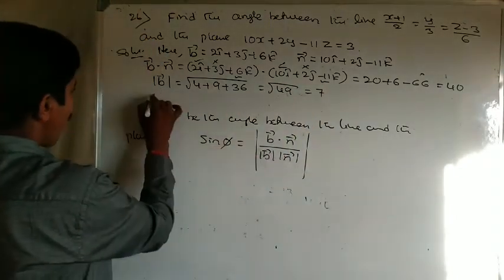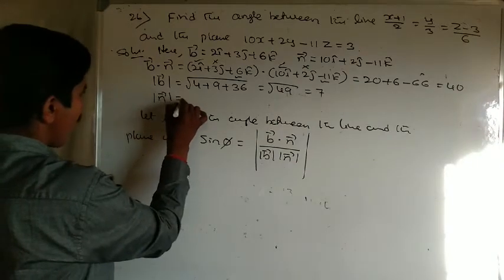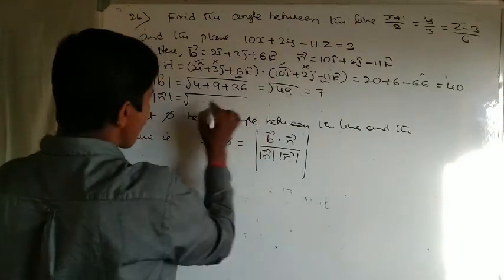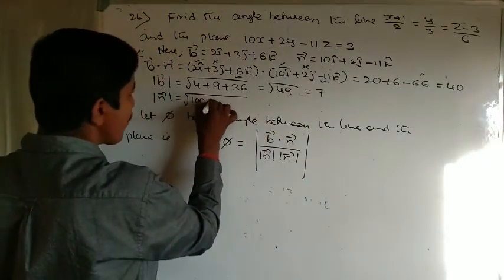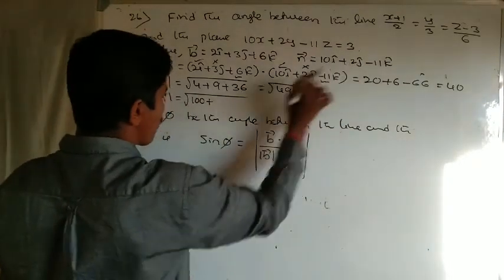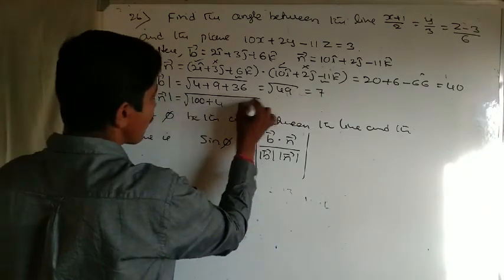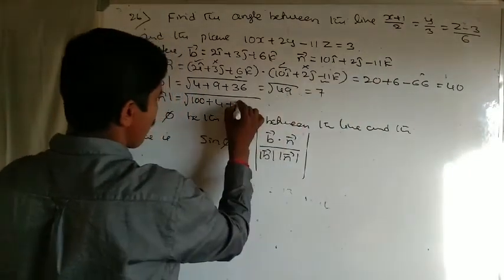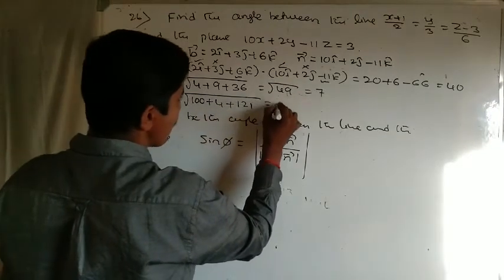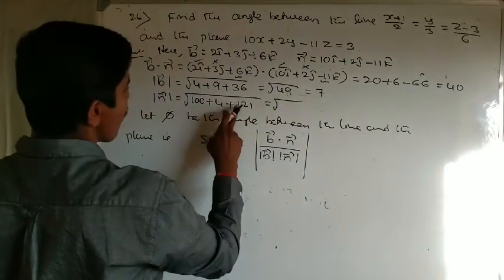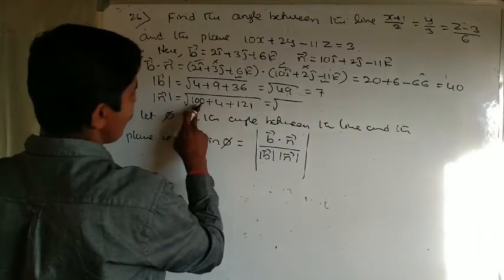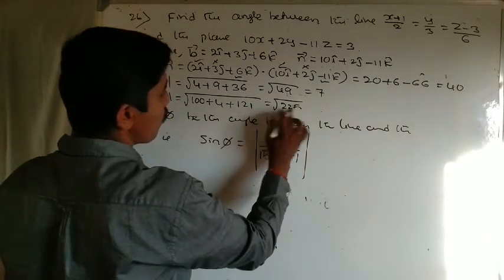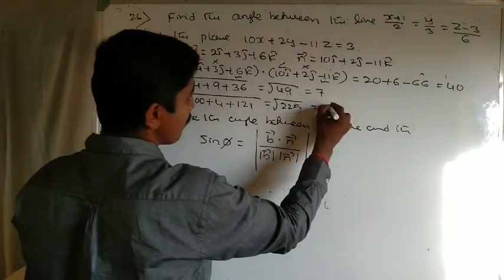Next, the magnitude of vector n is the square root of 10 squared 100, plus 2 squared 4, plus minus 11 squared 121. 121 plus 100 is 221, plus 4 is 225. Square root of 225 is 15.